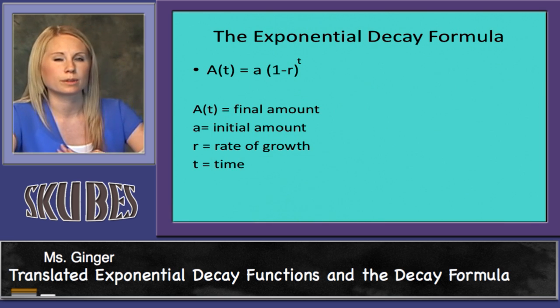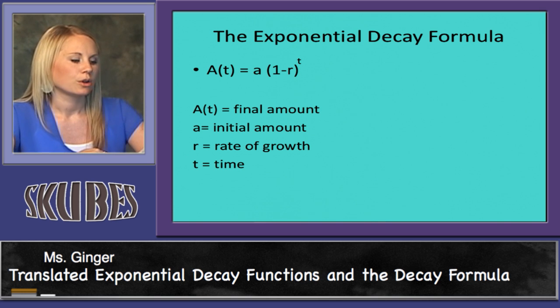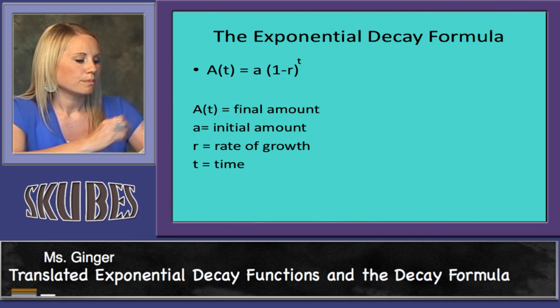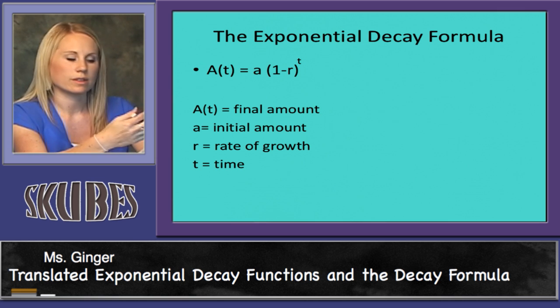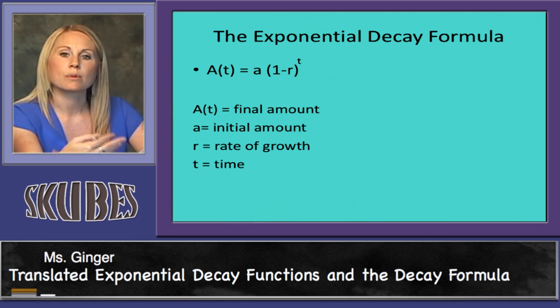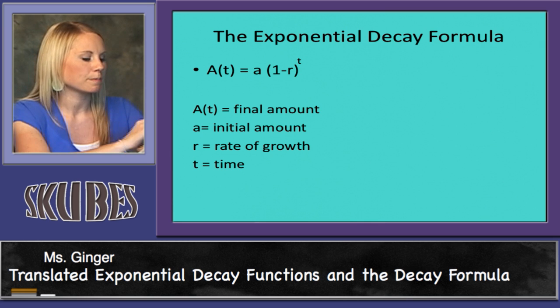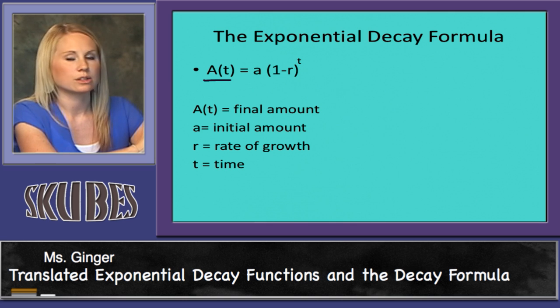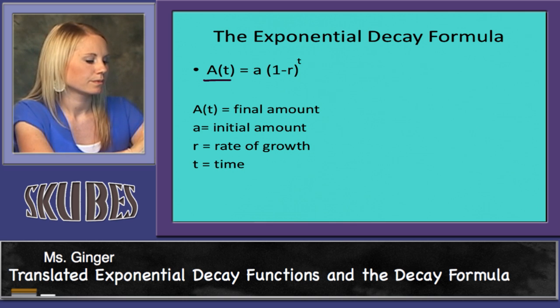Okay, so let's talk about the formula that goes along with these types of graphs, the decay formula. We have pieces listed here, and I want you to see what everything represents, and then we're going to work on a problem that involves using this formula. All right, so when we're dealing with exponential decay, the A of t on the outside is going to represent our final amount.